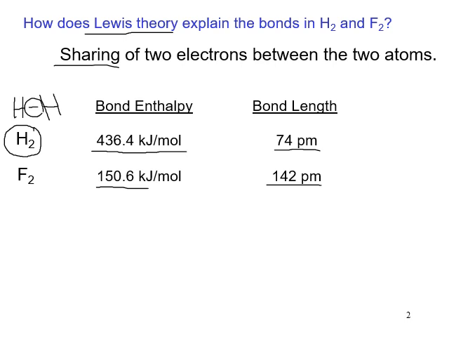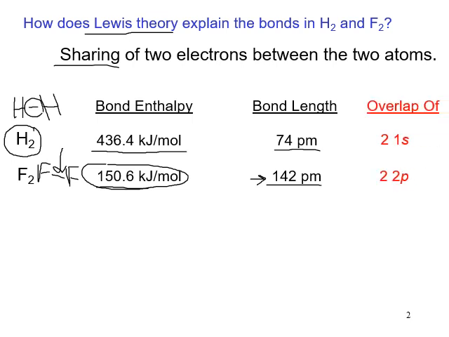We can make sense of that because it's easier to break a bond, hence this lower number, with something that's further away from each other. These F's are further away from each other. So when we draw the Lewis dot structure, we would draw the bond a little bit longer because it's further away, so it's easier to rip them apart from each other.